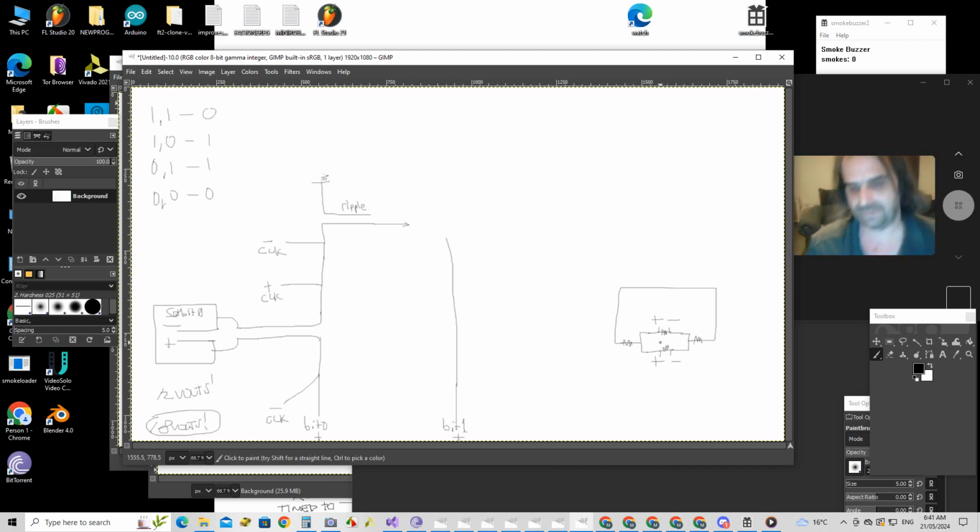So if both sides are variable, they both need a resistor. So we're getting the resistors out now.